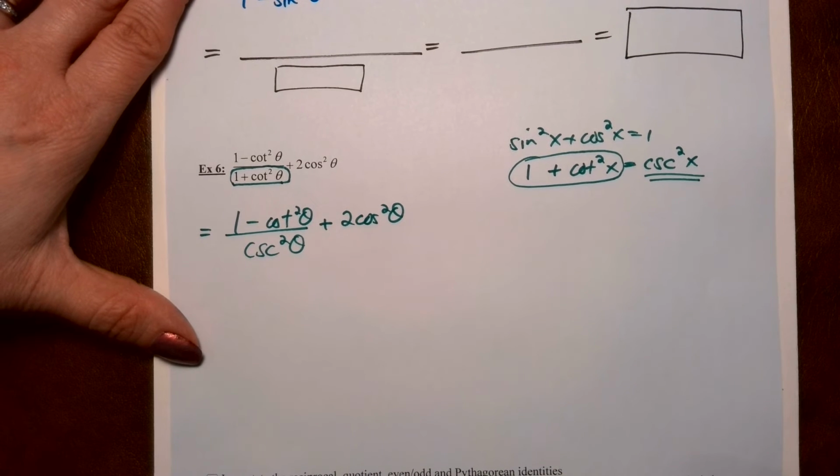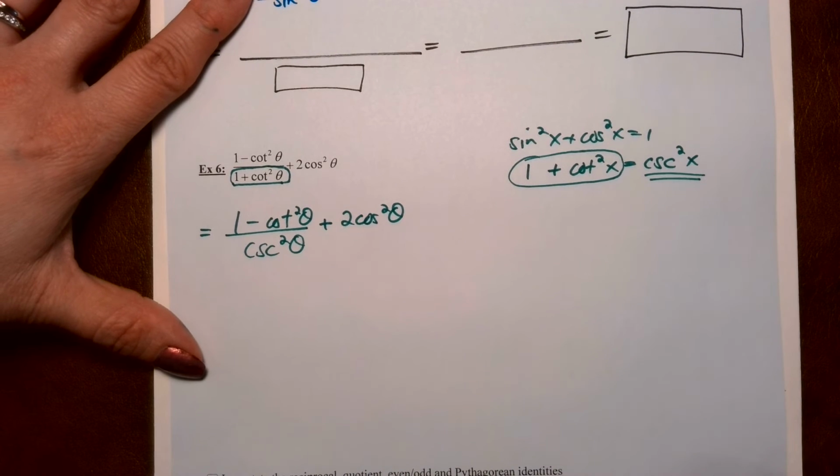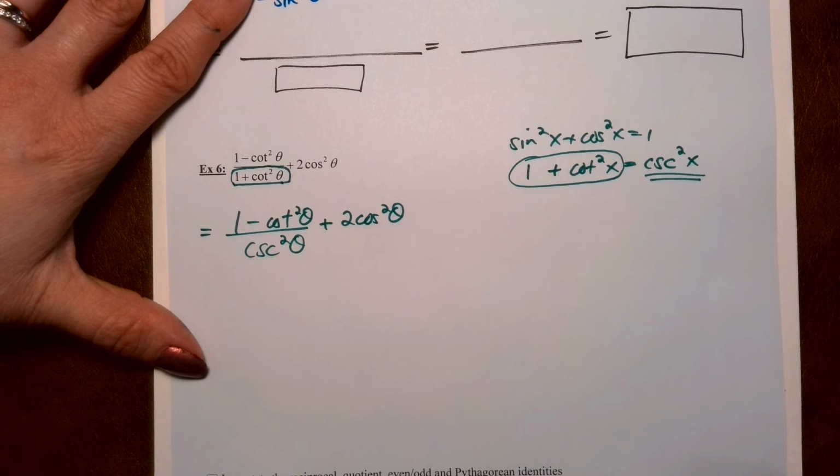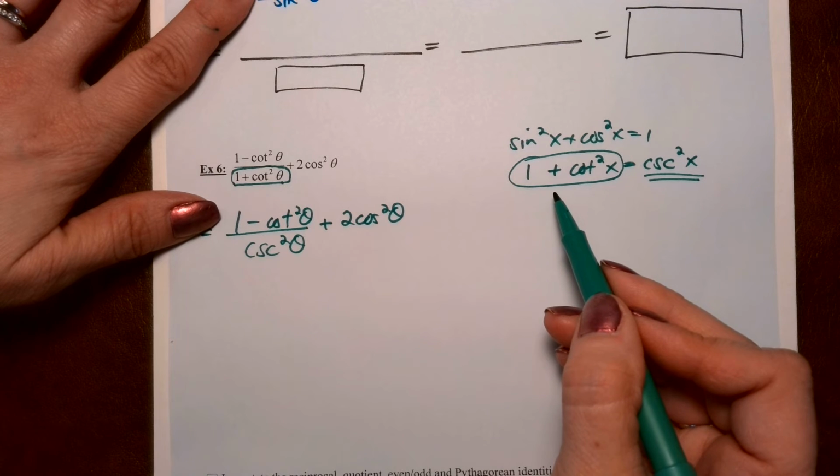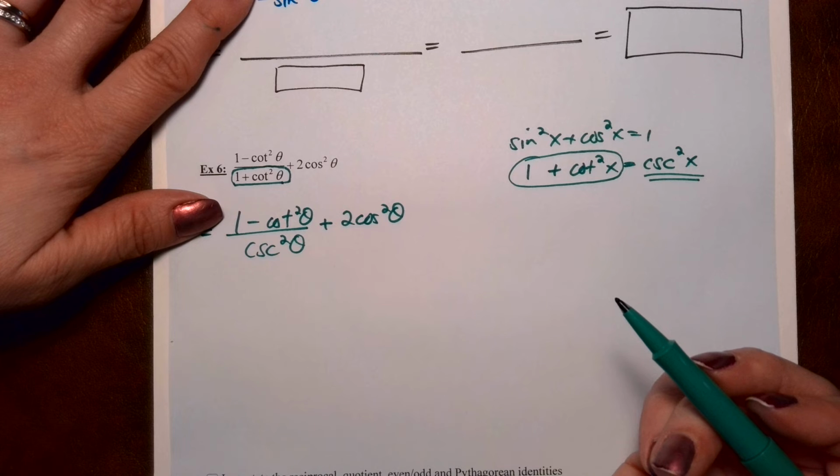Okay, maybe what we could do, let's see, this is not an identity. It's not an identity. 1 minus cotangent squared.